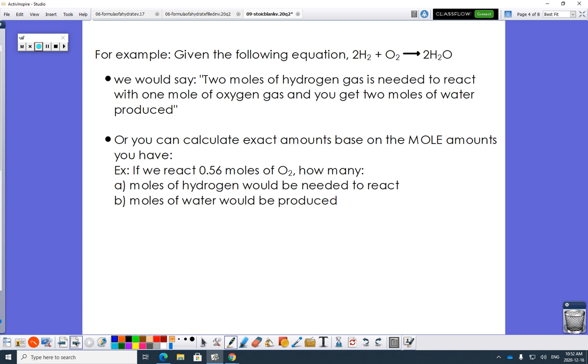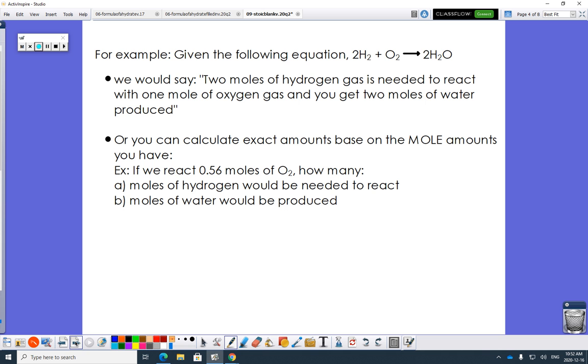So what would we say? 2 moles of hydrogen gas, where did I get the 2 from? The coefficient, is needed to react with 1 mole of oxygen gas, because the coefficient's 1, and you're going to get 2 moles of water produced. So in math class, you can write ratios and proportions.